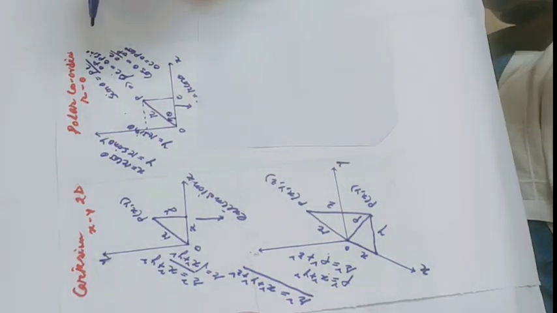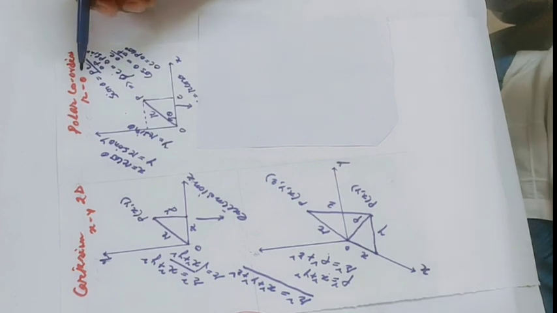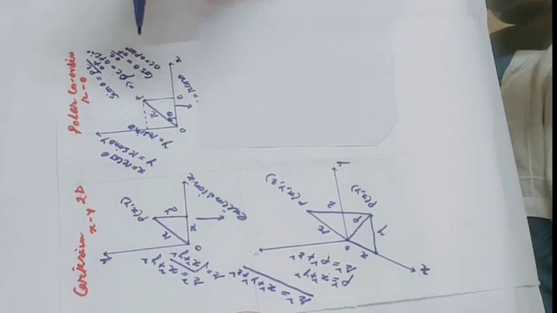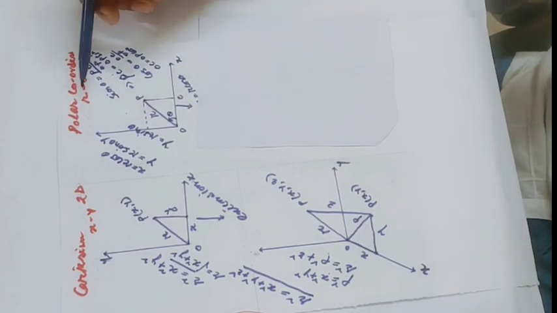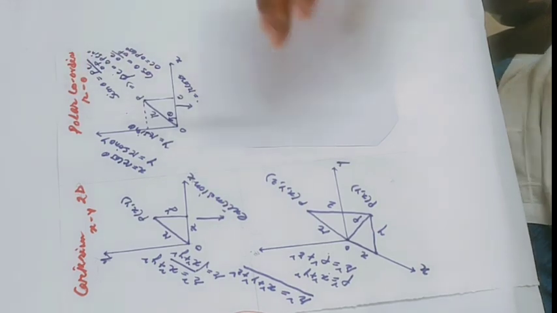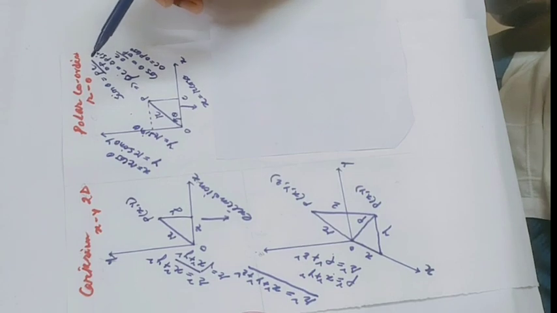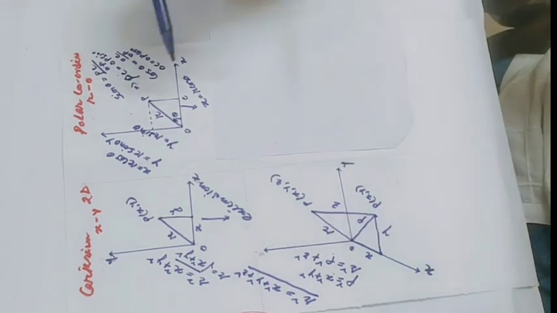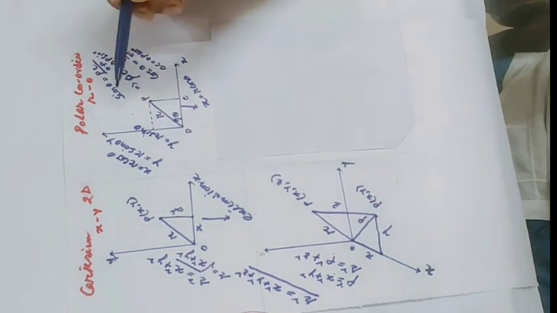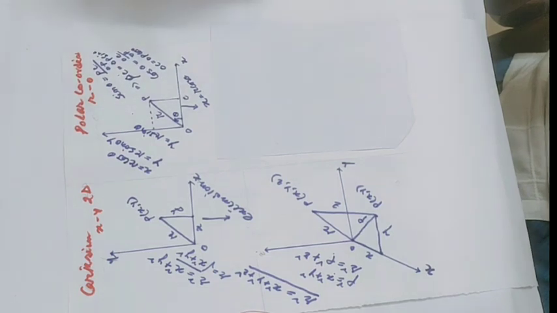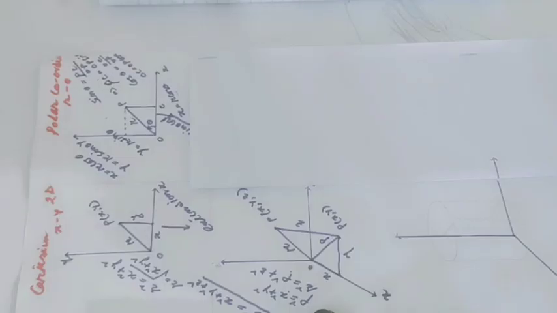Now we will extend the polar coordinate system to a 3D coordinate system. When we do so, we basically get two types of coordinate systems. One is called the cylindrical polar coordinate system, another is called the spherical polar coordinate system.